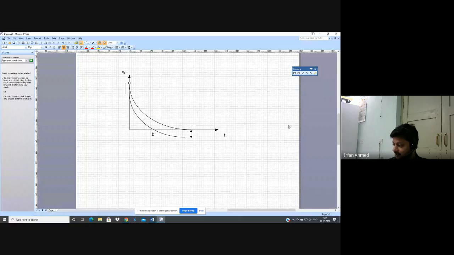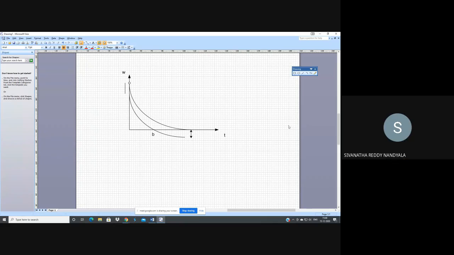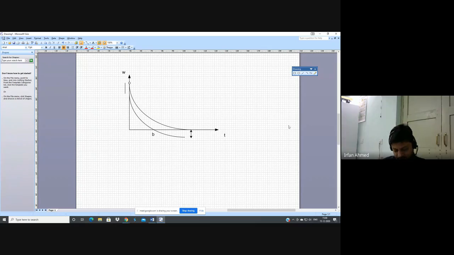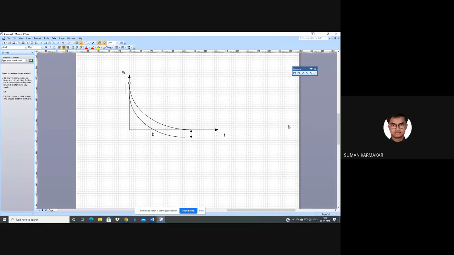Can it become negative? Yes. With dynamic braking, can the motor speed be negative? No, sir. Yes, anyone? Means the motor is moving in the opposite direction.